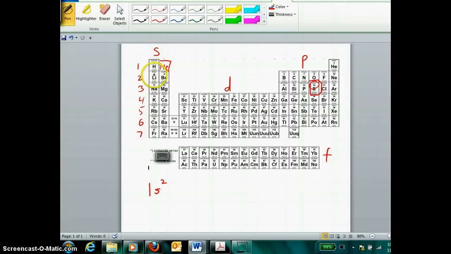After 2 comes 3, and 3 and 4 are also part of the S block. It's just they're going into the second S sublevel. So that would be a higher principal energy level spherical orbital, 2s, and they're going to be 2 electrons. 4 down, 12 to go to get a total of 16. Well, if I can count, I know where the next ones go, because 5, 6, 7, 8, 9, and 10, that's 6 electrons, all go into a P sublevel.